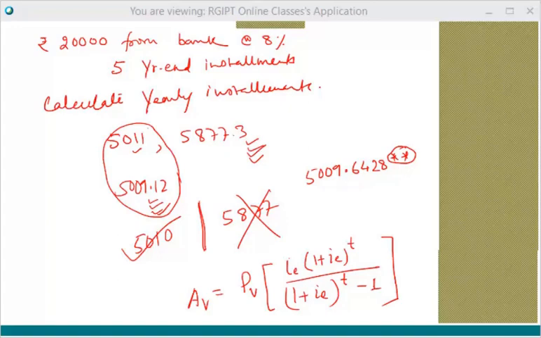So now let's say a piece of equipment is acquired for 50,000 rupees. And the anticipated useful economic life of this equipment is 10 years.